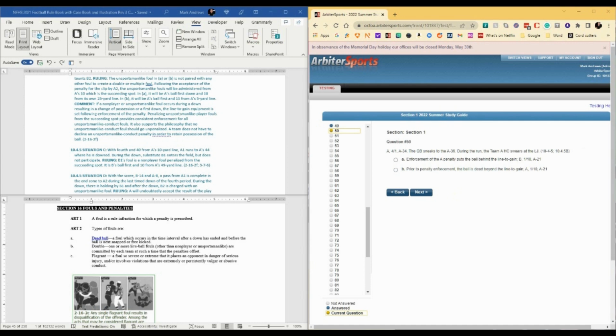Okay, question 50 is sort of the reverse of the last question. A, 4th and 1 at the A34. Quarterback sneaks into the A36, so he's passed the line to gain.